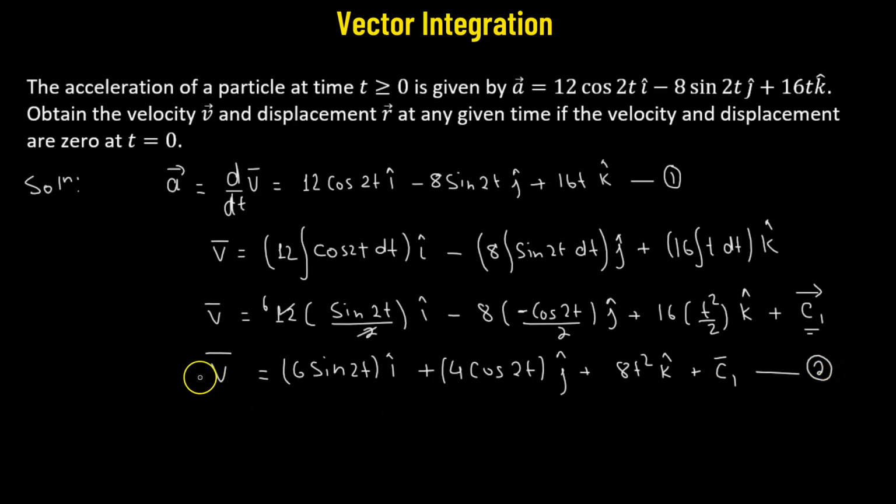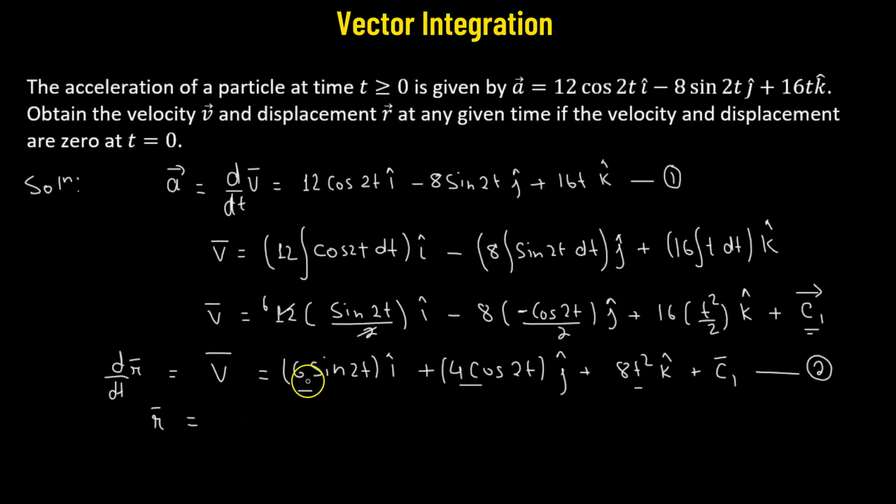Now, our velocity vector is simply the rate of change of the position vector or the displacement vector. Now we will take the integration on both sides with respect to time t. So that means we will get the r vector equal to integration of each of the components.